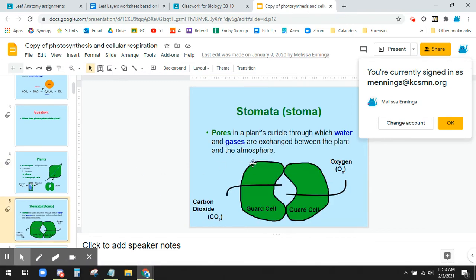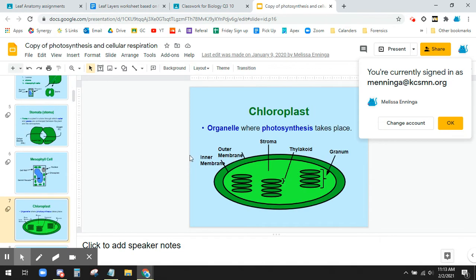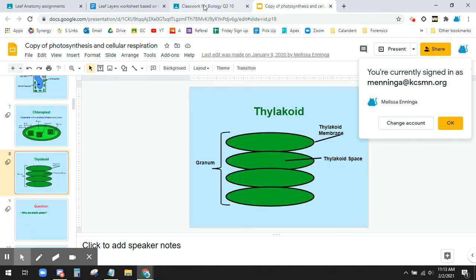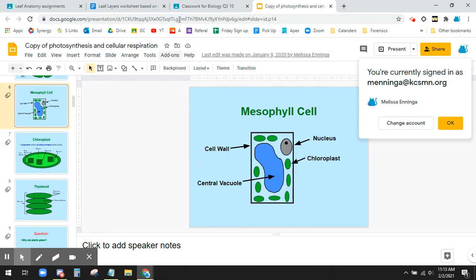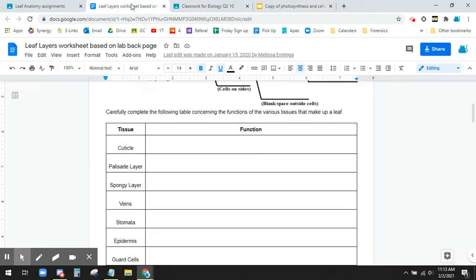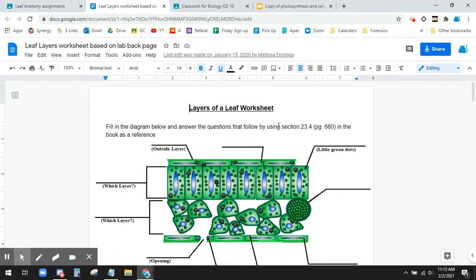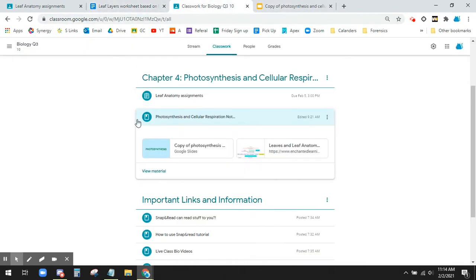That helps you with some of it, and there's stomata and mesophyll cells and the chloroplast and thylakoids. And you're like, but that doesn't tell me anything about what each of the pieces of the plant do. And some of you say it tells you to go and look into your section of the book. Well, if you noticed in here, I gave you other notes that talk about leaves and leaf anatomy.